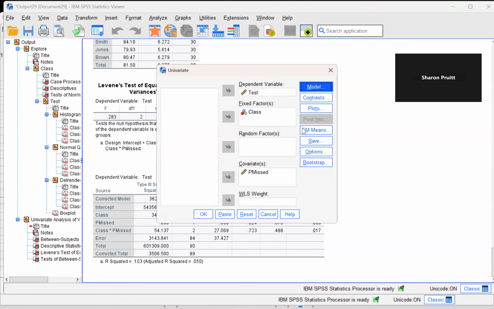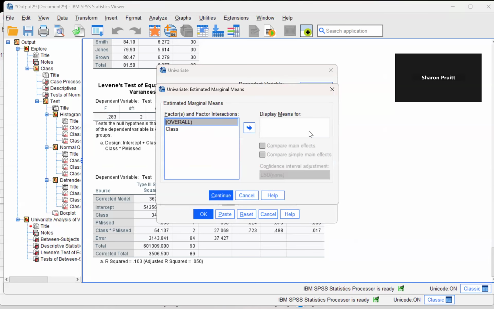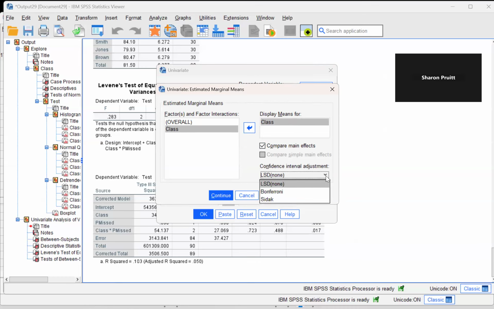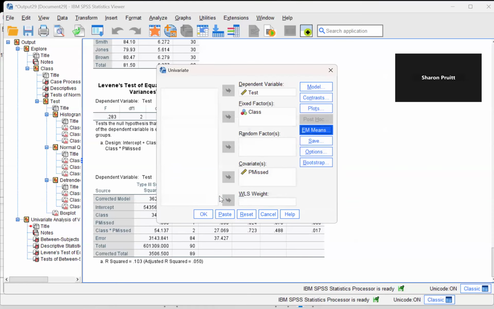Click Continue, and we want to click on EM Means. We'll move class into the Display Means for box. Click on Compare main effects, and then click the drop down box of confidence interval adjustment. Click on Bonferroni. Click Continue.